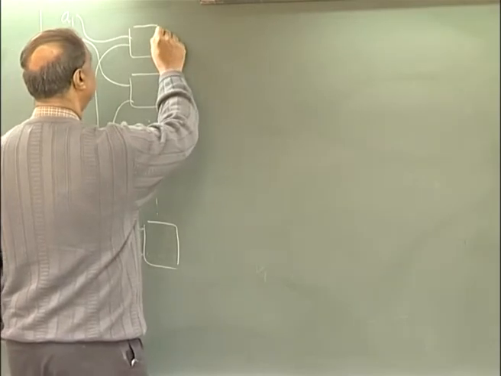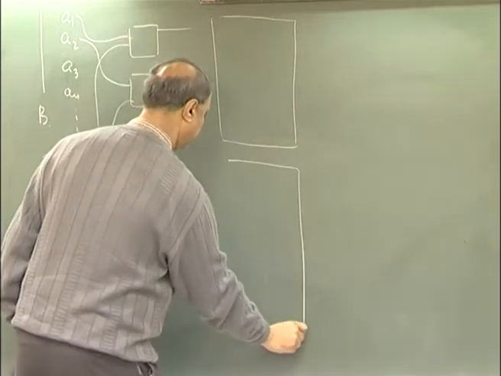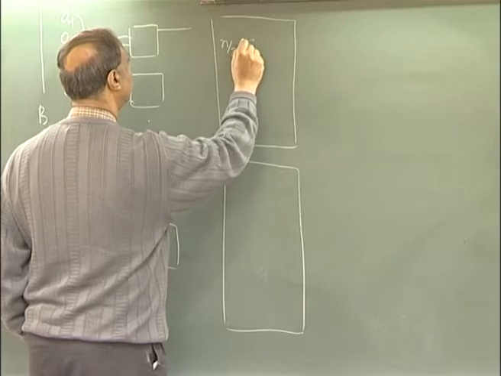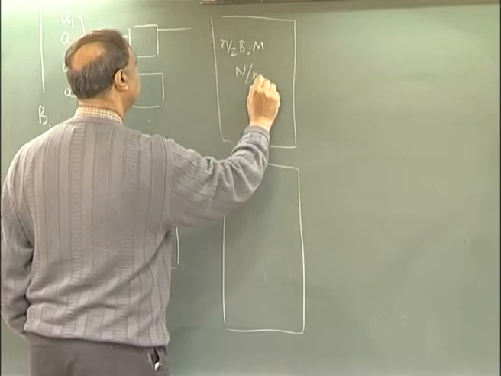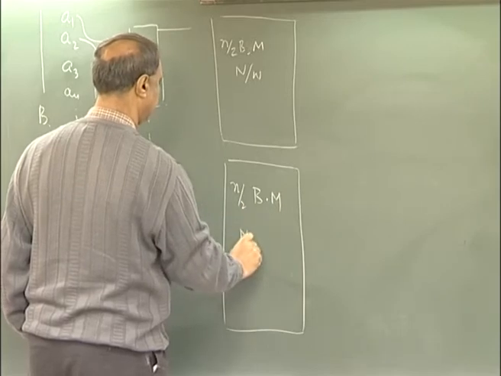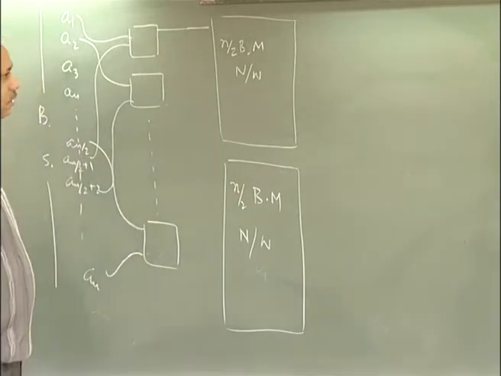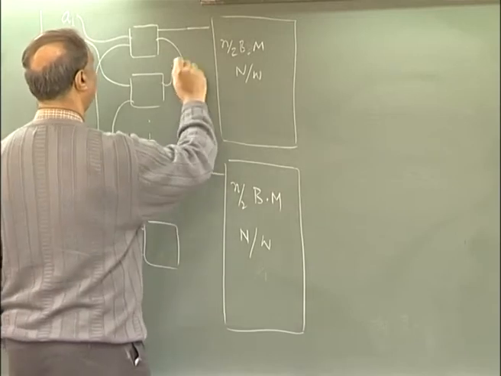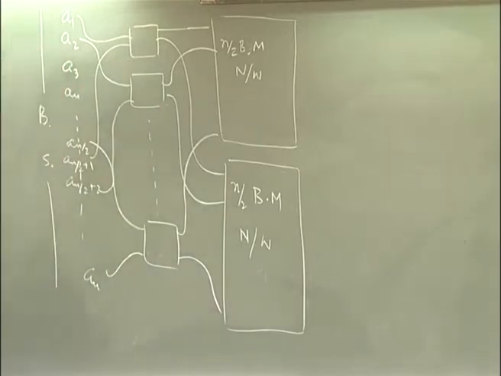And then you get n by 2 bitonic merging networks.